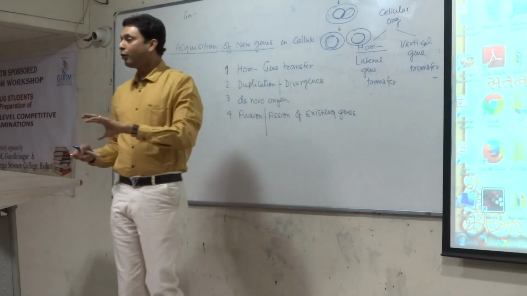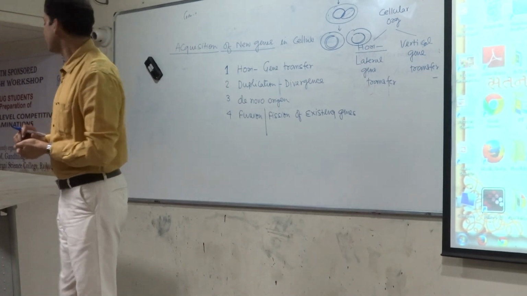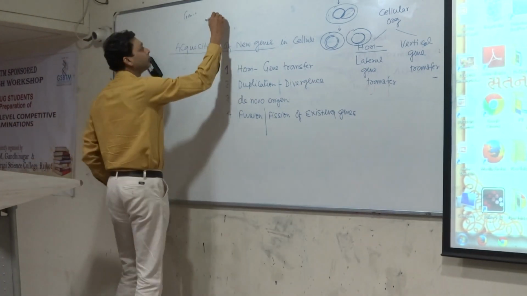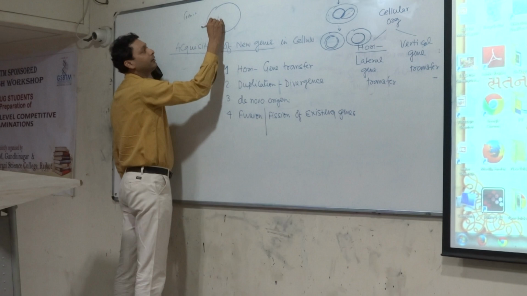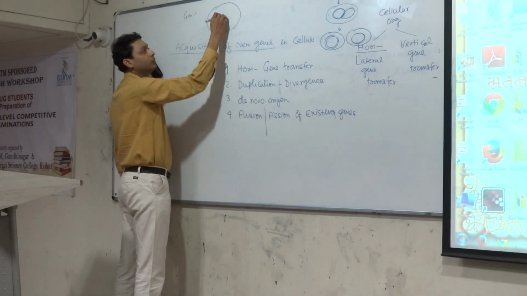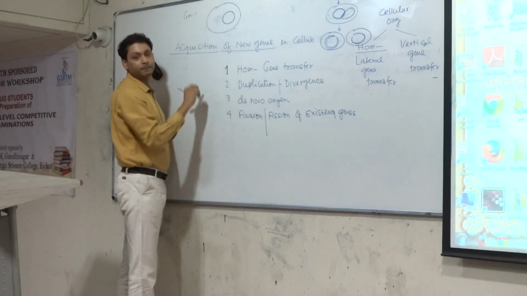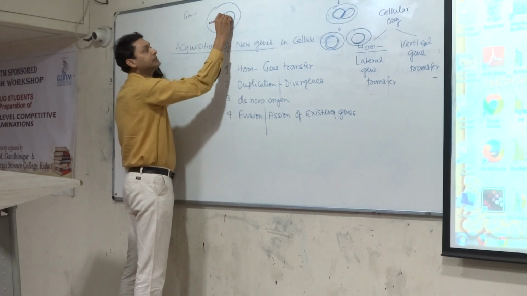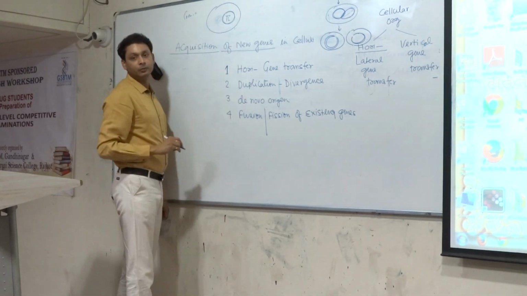But in nature, horizontal gene transfer also occurs. For example, this is Agrobacterium tumefaciens, a bacterial cell, which has the Ti plasmid.